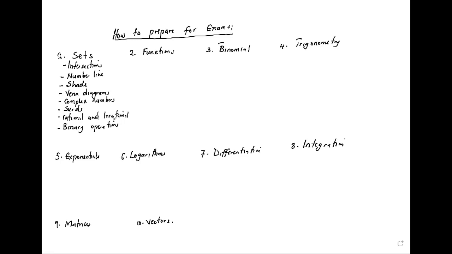So you're checking these things when you say, I want to study sets. You check, am I able to get the intersection of two sets? When I say intersection, I also mean the union. Are you able to get the complement of two sets? How is the number line? Am I able to plot on the number line and shade? Which way do I pick to be using on the sets?